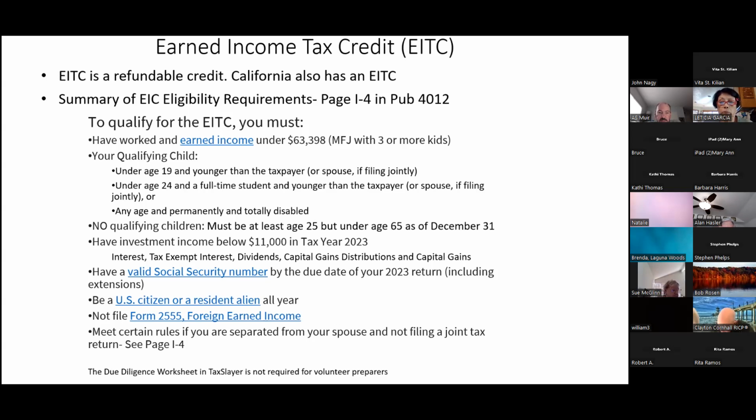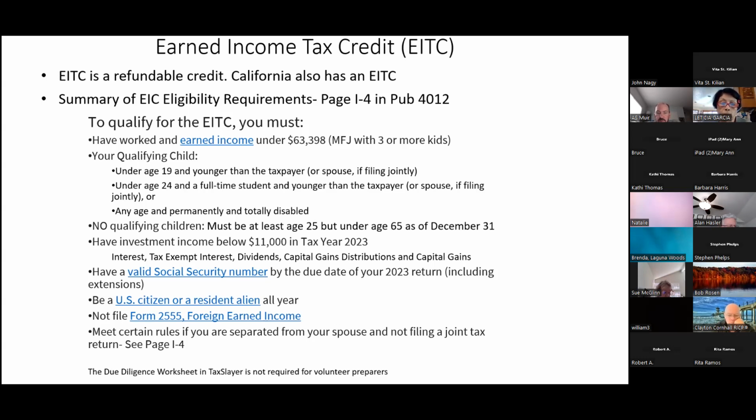But for those who do, that means they have typically worked and lived overseas, and they have earned income, and they want to exclude that on their tax return, which you can up to a certain limit. So again, this is something that we would ask them, but typically most taxpayers will say, no, I didn't live and work overseas.